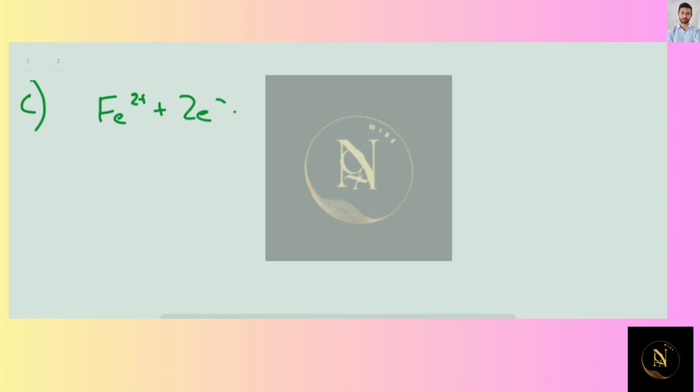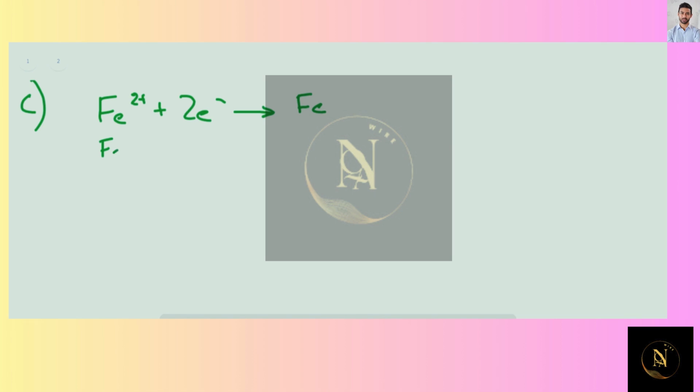So first, one reduction reaction that's taking place here is iron 2 plus 2 electrons producing iron neutral. That's the reduction that's taking place.